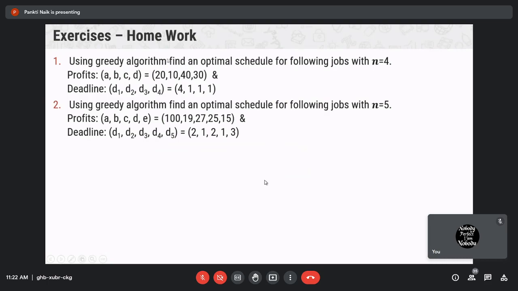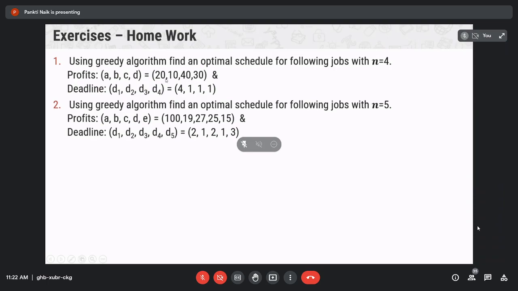Let us do one more example for job scheduling. All of you solve this first problem in your notebook and give me the final optimal sequence for these 4 jobs.